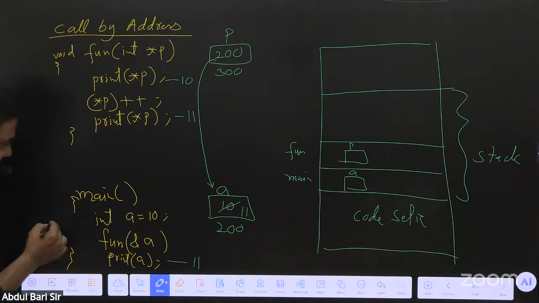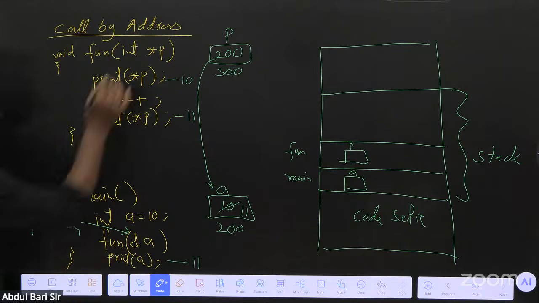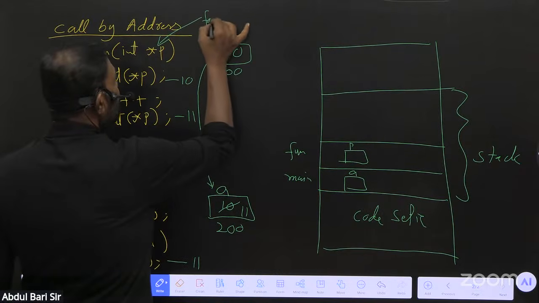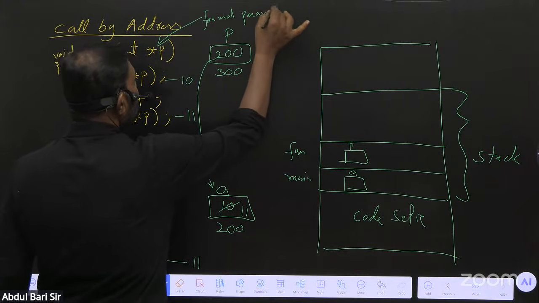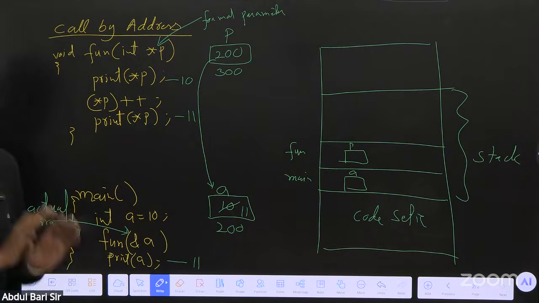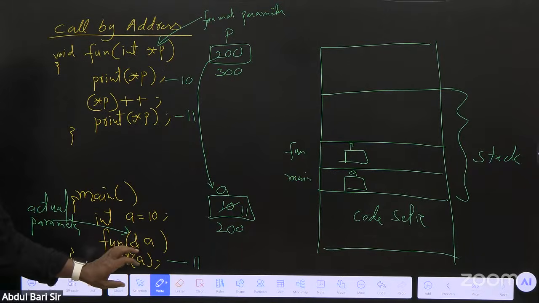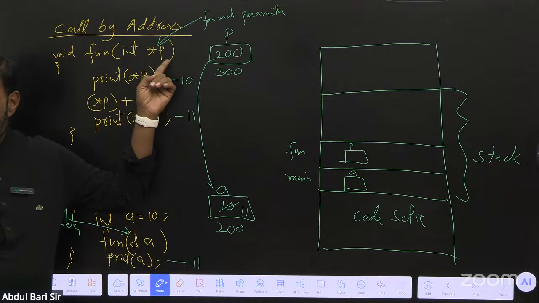Now coming to this, this is called as what? Actual parameter. All right. Now what is this called as? Formal parameter. Now let us describe call by address. In call by address, the address of the actual parameter is passed, and the formal parameter is always a pointer.